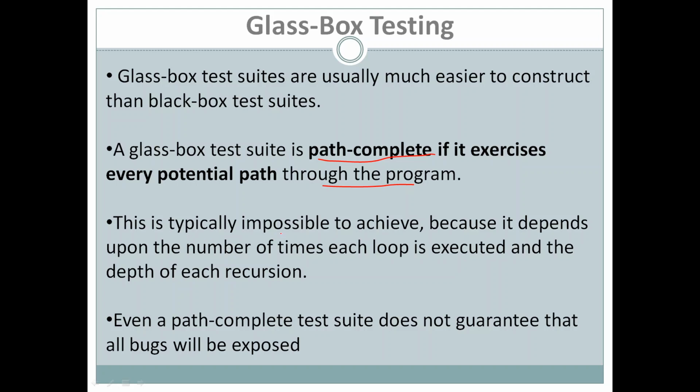This is typically impossible to achieve because it depends upon the number of times each loop is executed and the depth of the recursion. So testing every path in the program is almost impossible, because it depends upon the number of times a loop executes and the depth of recursion if you are using a recursive function in the coding.